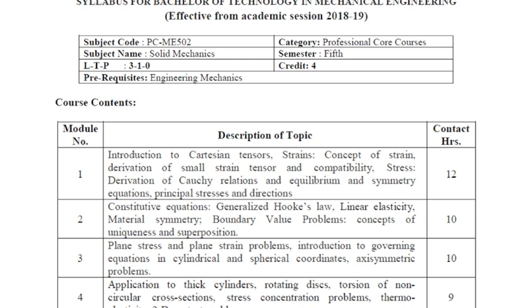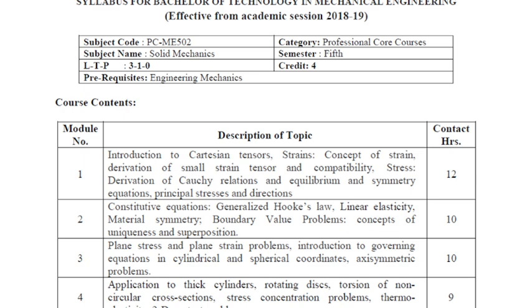But my suggestion is that if you find the concept of uniqueness and superposition very difficult, you can omit this small part, although I will discuss it. I am talking about your examination point of view: if you feel it is a bit difficult to understand or apply, then you can omit this part.